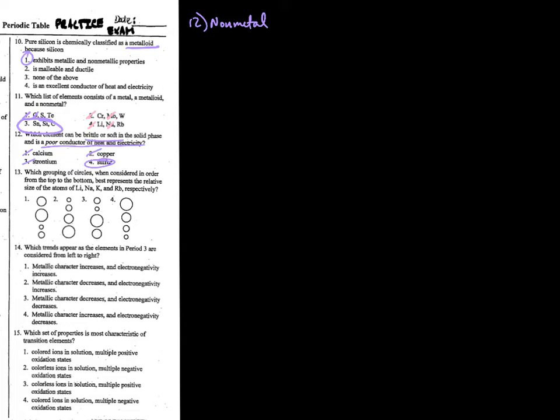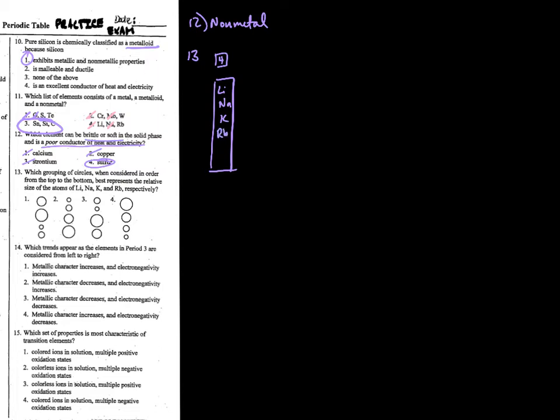Alright, number 13. Which grouping of circles, when considered in order from the top to the bottom, best represents the relative size of the atoms of lithium, sodium, potassium, rubidium? So that means, if you look at each of these elements, they're all in group 1 here. Hydrogen's right here, lithium is here, Na, potassium, and rubidium.